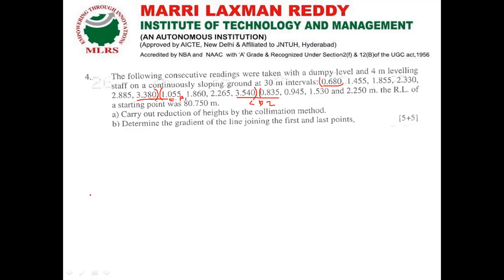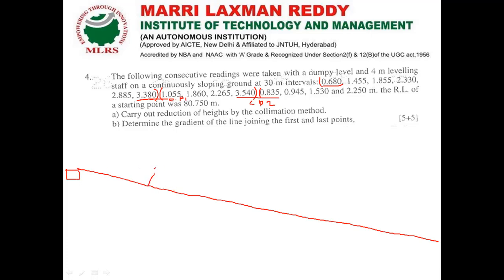Okay, so now I am drawing the diagram for understanding purpose. So they have mentioned that the ground is sloping ground. Okay, so this is our sloping ground. So they have kept the instrument somewhere here.